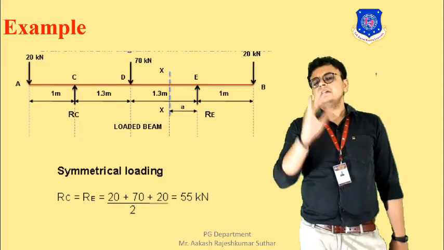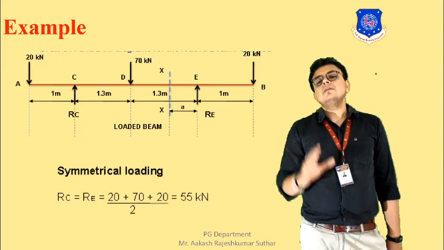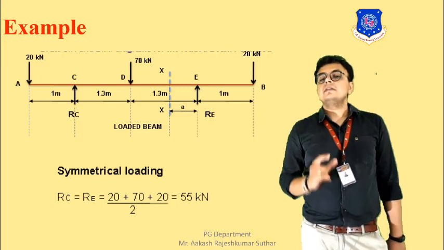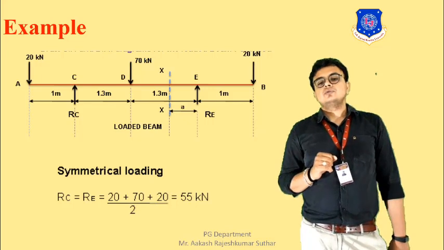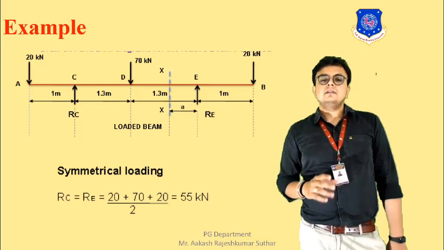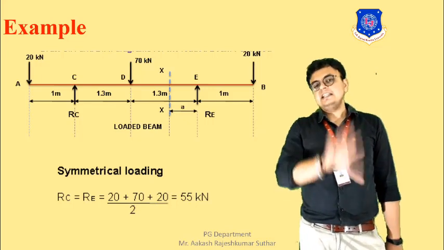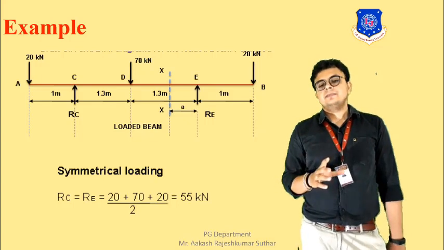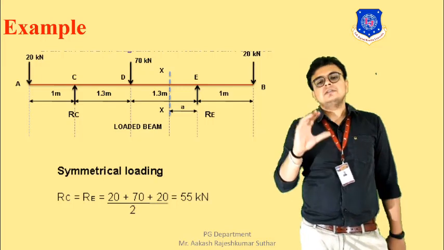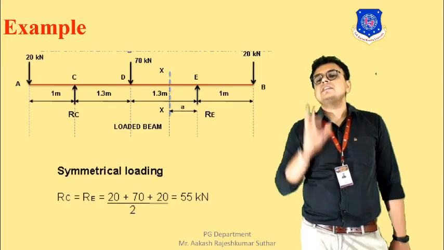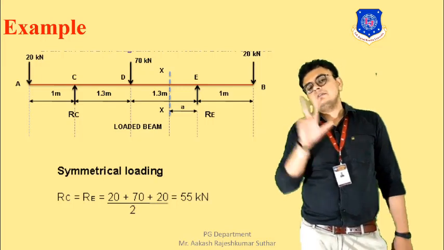As our beam is uniform, the loading is also symmetric, and the supports are also symmetric. In this case, our reactions at E and C will be the same, equal to the summation of all the loads divided by 2, because we have 2 reactions.